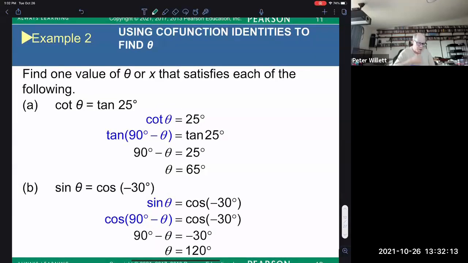We have an example 2 with multiple parts. Looking at part A, it says, find one value of theta or x, depending on which variable they use, that satisfies each of the following. So in the first problem, we want to find a value of theta where cotangent of theta would be the same as tangent of 25 degrees.